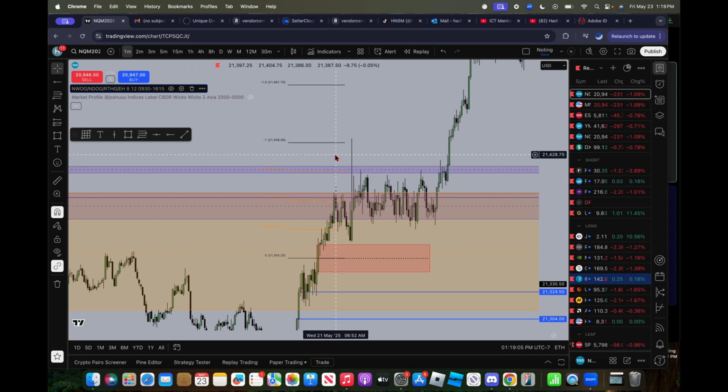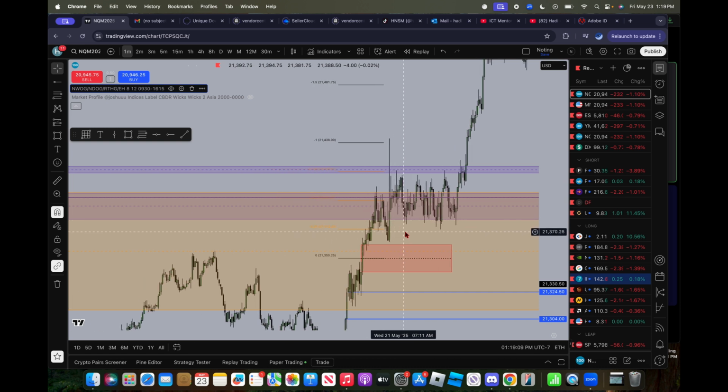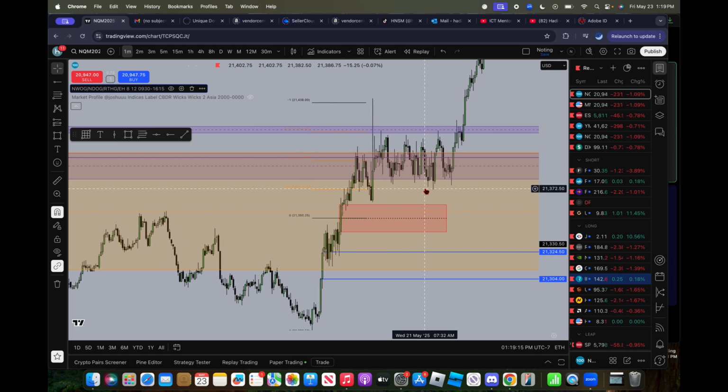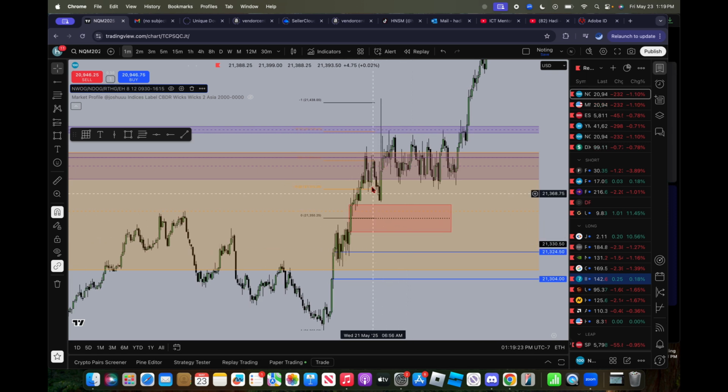That usually means you're either going to reverse here or enter weird conditions. You're either going to reverse or you're going to go deeper into the range, you know what I'm saying?